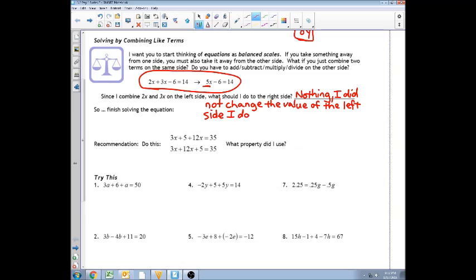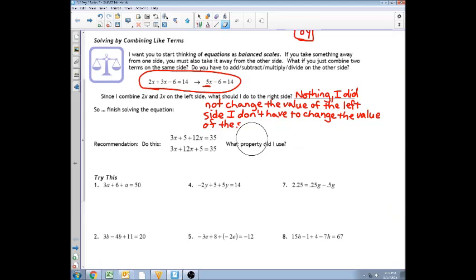I don't have to change the value of the right side.